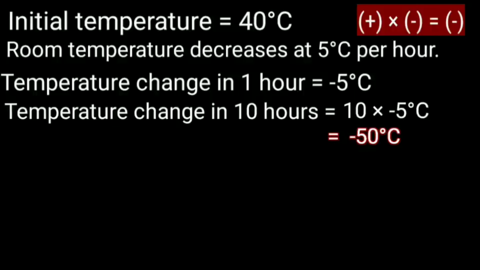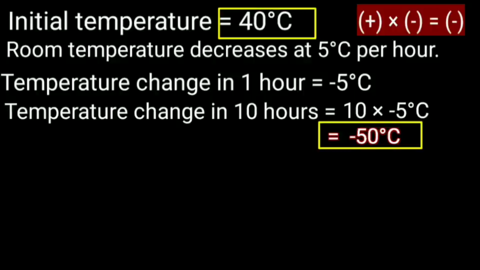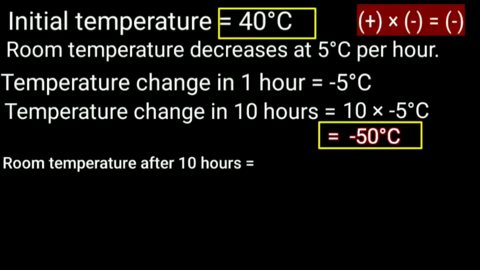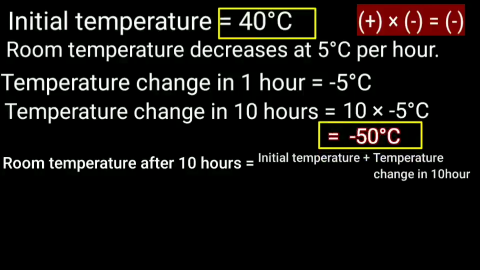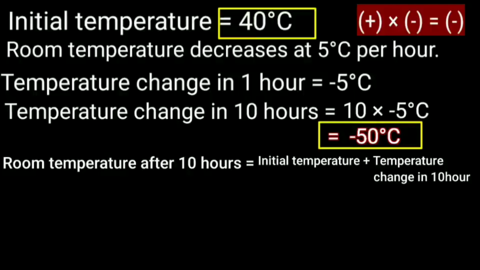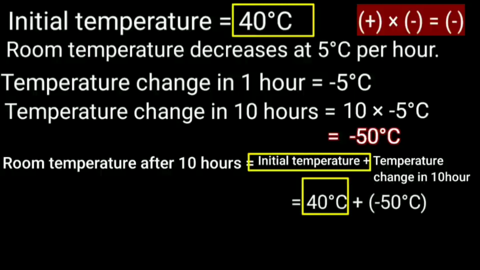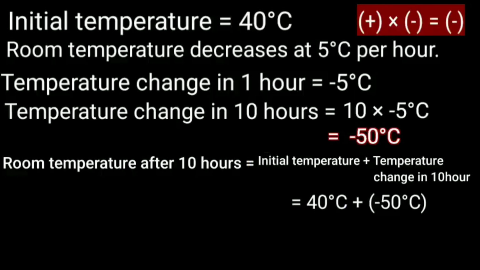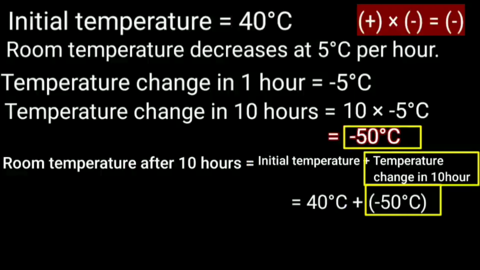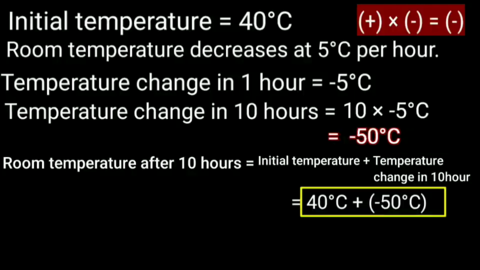Now to find the room temperature after 10 hours, we have to add the initial temperature and the temperature change in 10 hours. Therefore, room temperature after 10 hours is equal to initial temperature plus temperature change in 10 hours. So, initial temperature is 40 degrees Celsius plus temperature change in 10 hours is minus 50 degrees Celsius. 40 degrees Celsius plus minus 50 degrees Celsius.